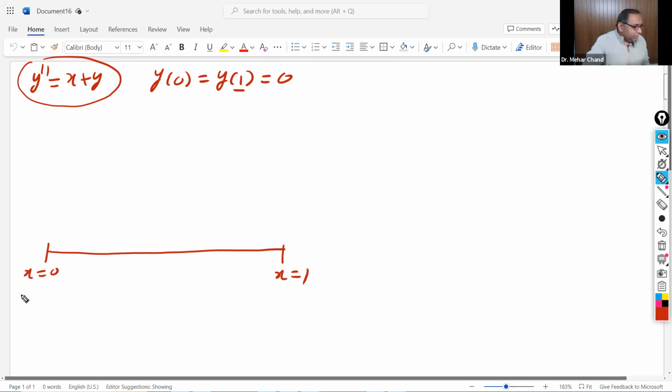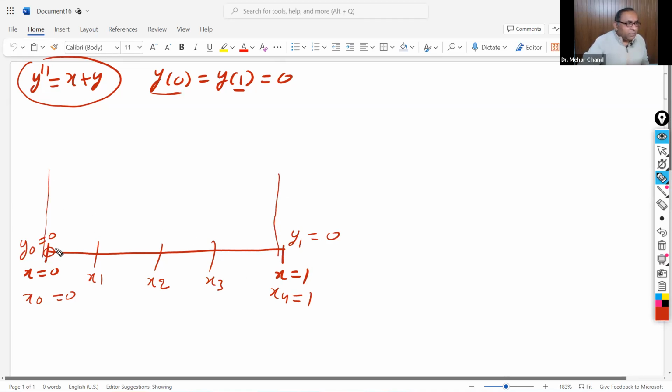So x0 is equal to 0, and we will divide, this is x1, x2, x3, and x4 is equal to 1. The value at this point is y0 is equal to 0, and also y4 is equal to 0. So what about the intermediate points?